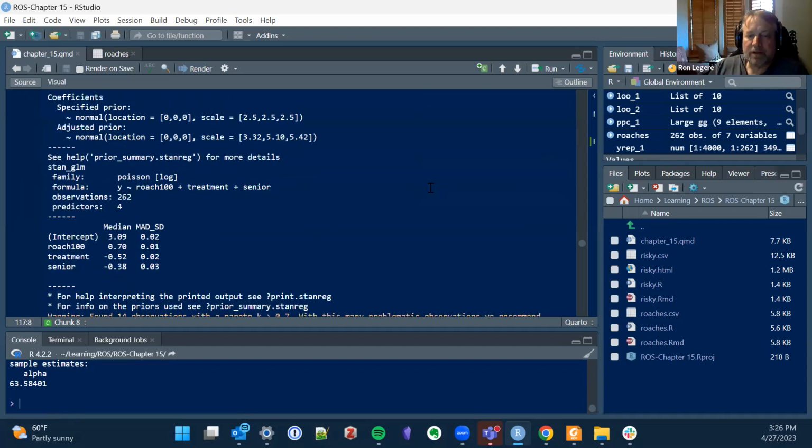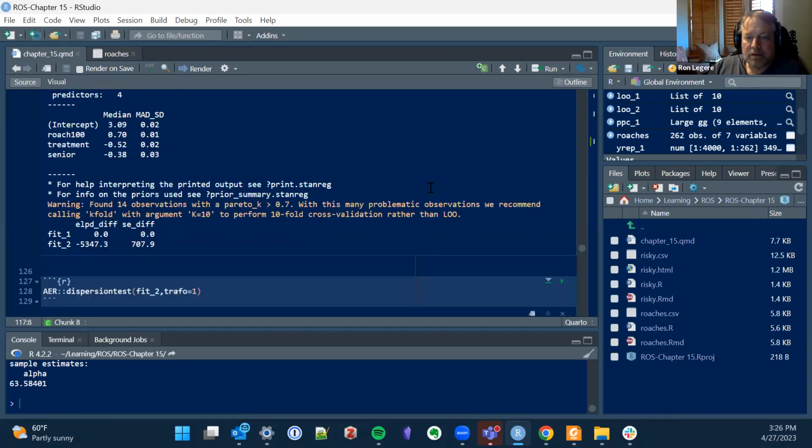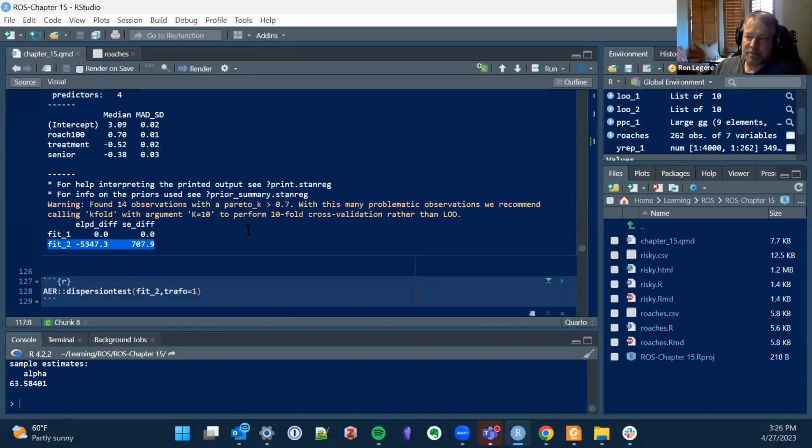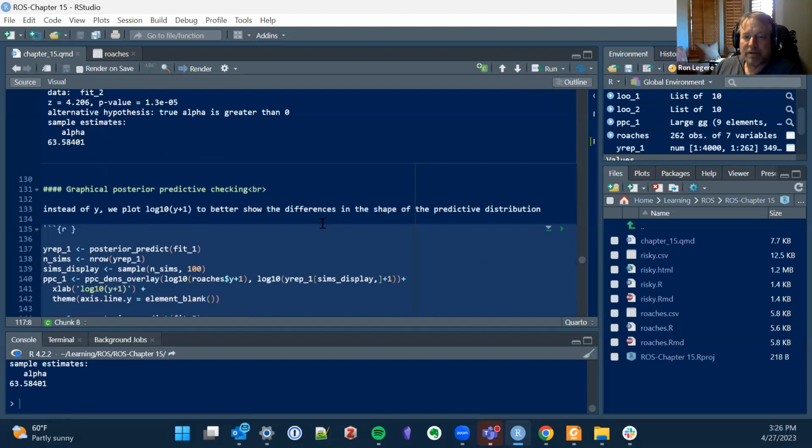Obviously we want that to be a smaller number, so that tells us that it's probably fitting better. Which one's fit 2? Fit 2 is the Poisson, and fit 1 is fitting better, so fit 2 is significantly worse. Sorry, my bad.